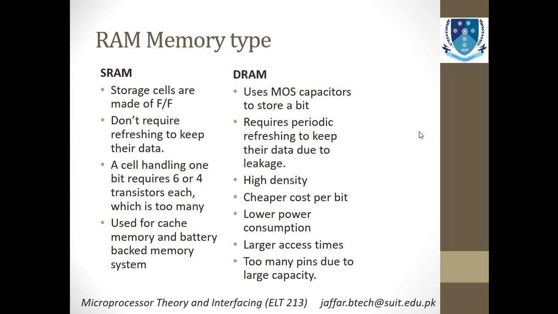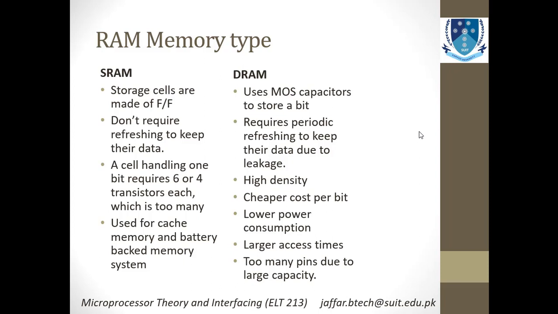SRAM basically does not require to get refreshed after some time, but in dynamic RAM you have to periodically refresh your data or your memory to keep your data on the device, because of the leakage malfunction. You know that in DRAM there is a malfunction that is known as leakage, so that is why you have the need of the periodic refreshing.